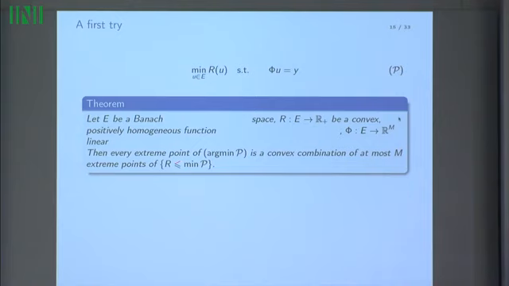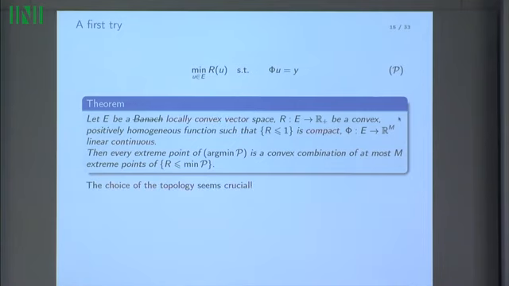Okay. So if you want to write this kind of result, for the existence of a minimizer, you will need that this level set, sorry, is compact. And if you want this level set to be compact and to hold for the norm of the Banach spaces, then you have to consider locally convex vector spaces and not Banach spaces, and to require the continuity of phi.